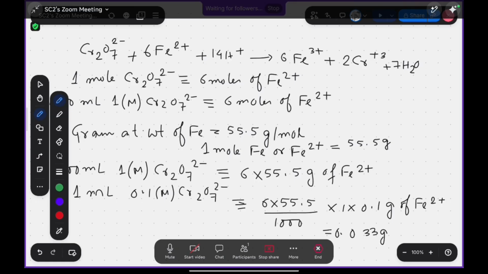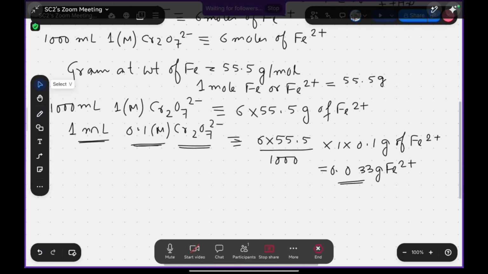That means it is 0.033 gram Fe2 plus. That means if you are provided 1 milliliter of 0.1 molar potassium dichromate, then you can oxidize 0.033 gram ferrous iron.